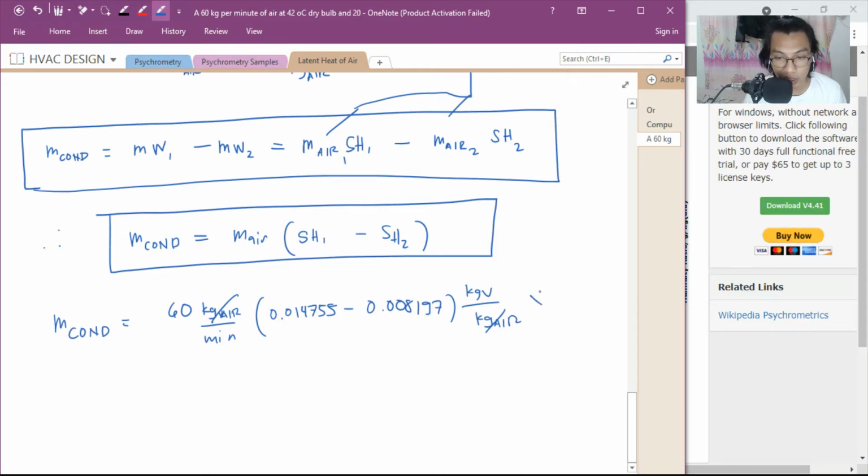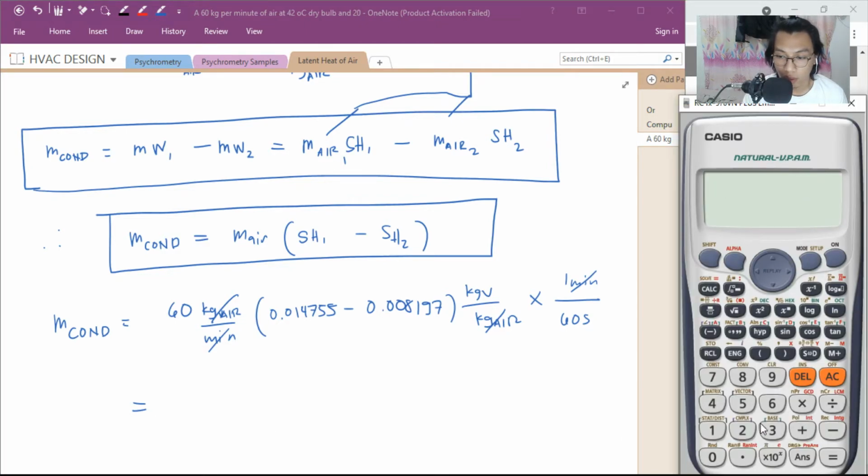Tapos, ang kailangan kasi dito is in seconds. 1 minute every 60 seconds. Cancel natin yung minute. Therefore, ang sagot dyan will be 60 times 0.014755 minus 0.008197, divide pa natin ng 60.